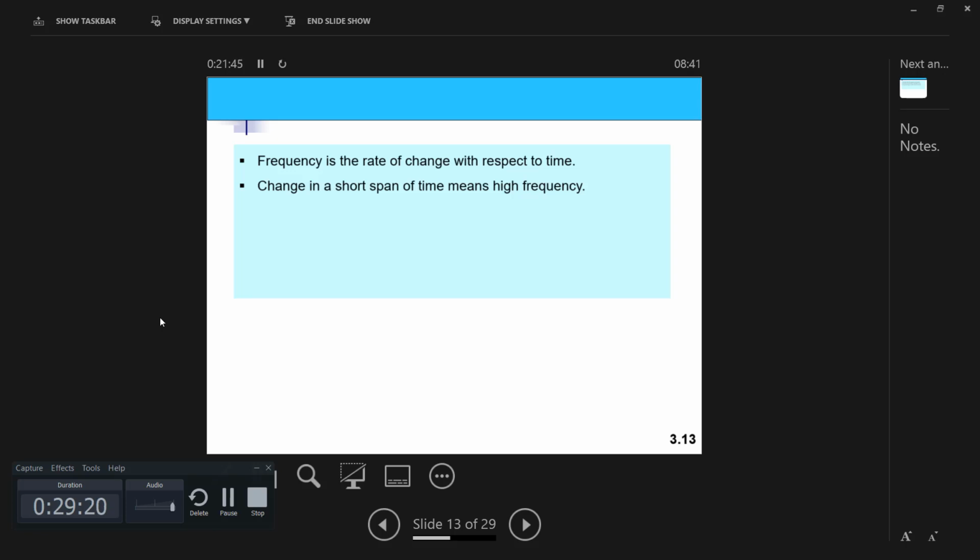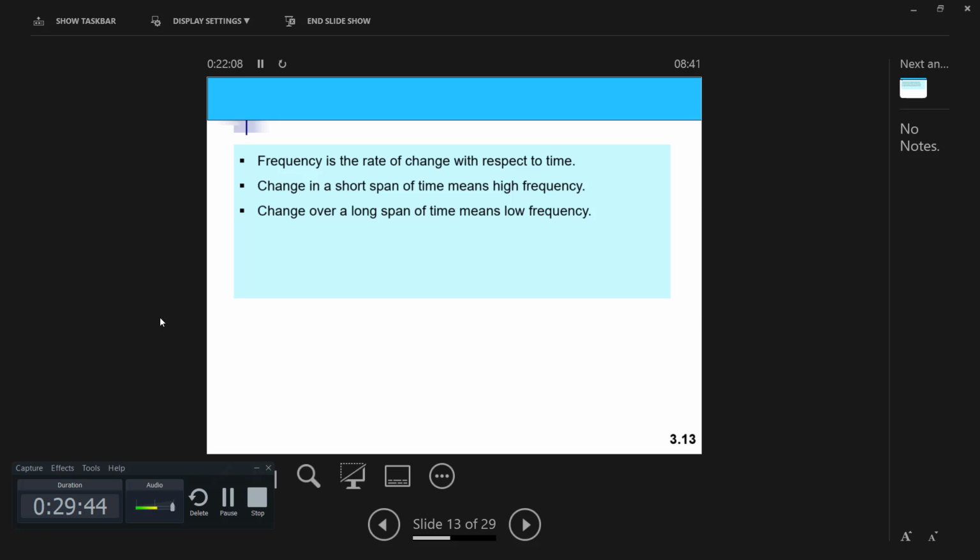So always look at the change in time. If the change is very fast, it means high frequency. If the change takes a long period of time, like from 1 to 0 to 1 in, say, 1 second, it means that we have low frequency. So if the change is over a long span of time, it means low frequency.